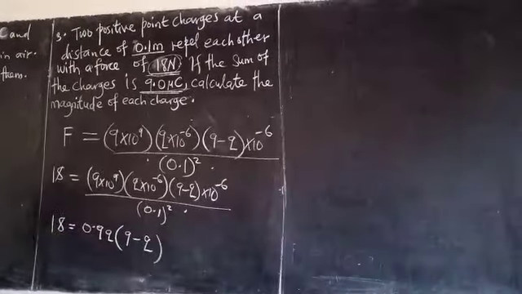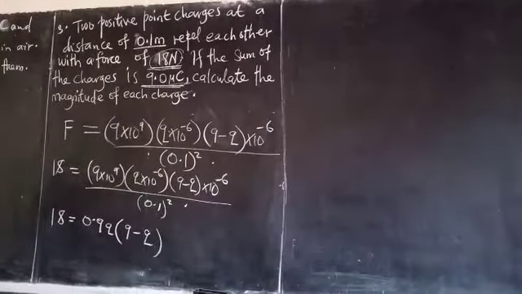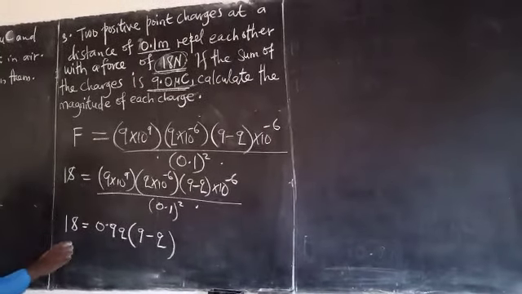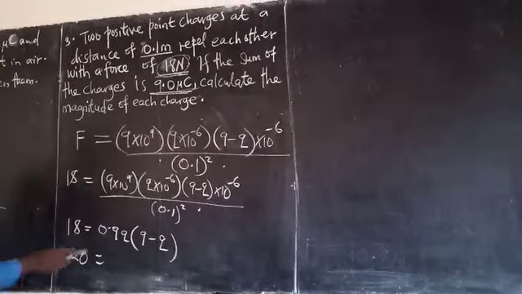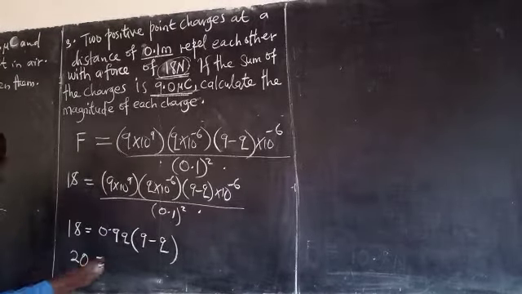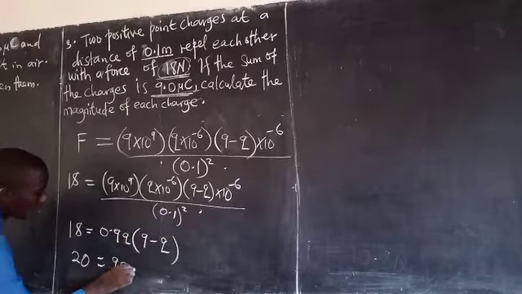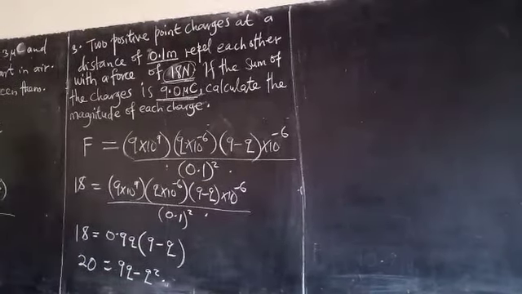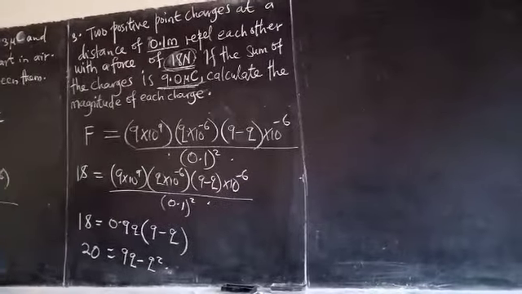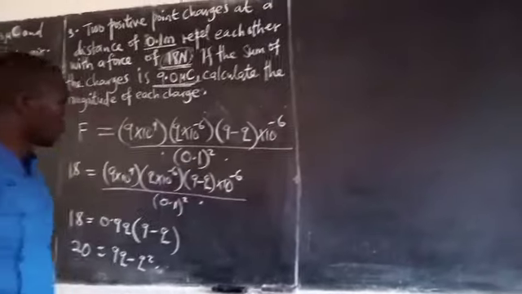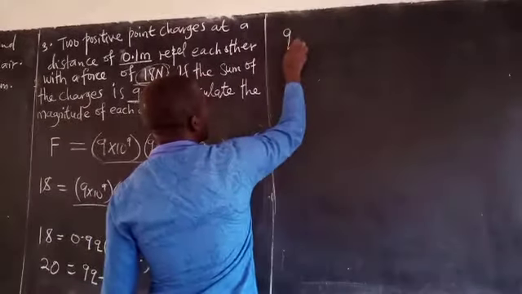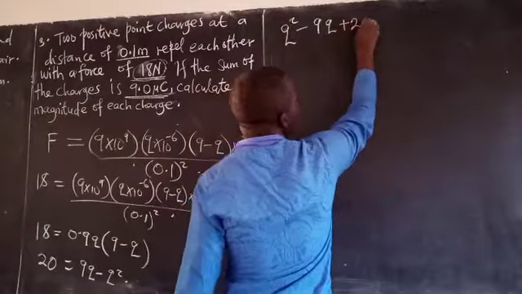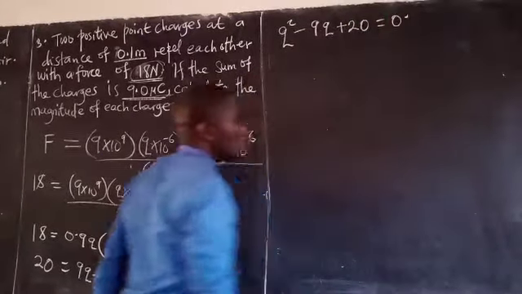I can divide by 0.9 both sides. So when I divide by 0.9, this one will give me 20 equals, now this q, I open the bracket, will be 9q minus q times q will be q squared. You can see that we are getting a kind of a quadratic equation, which I can arrange as q squared minus 9q plus 20 equals 0.